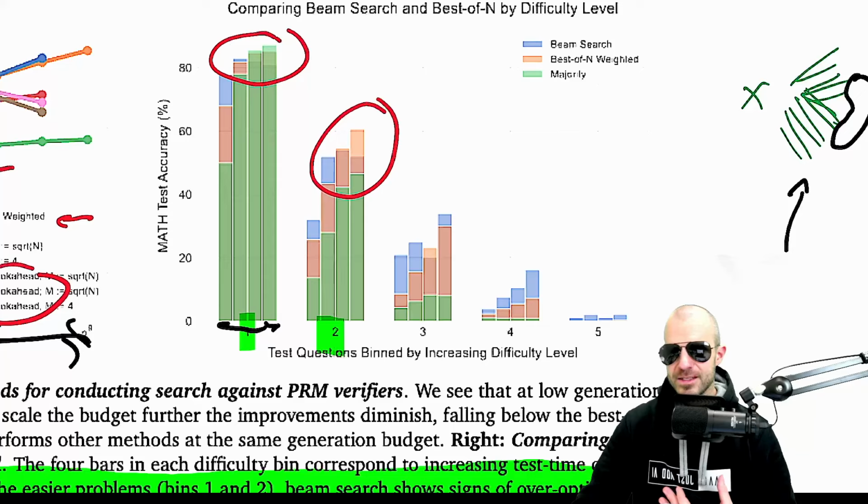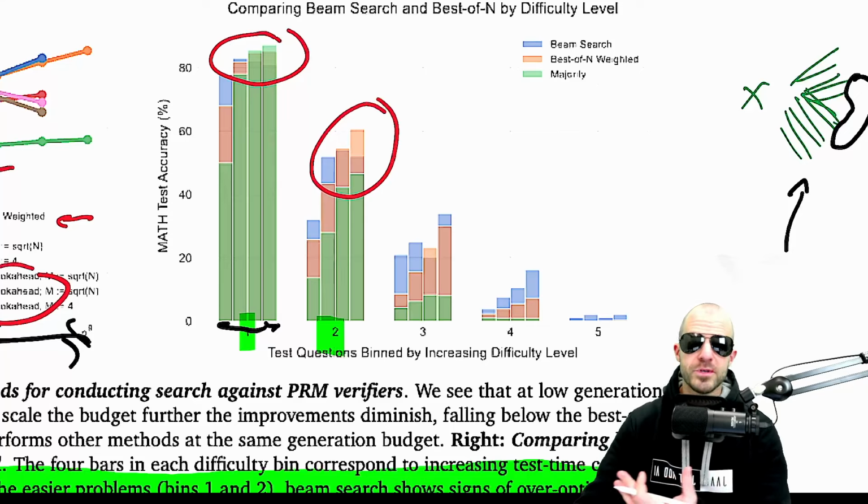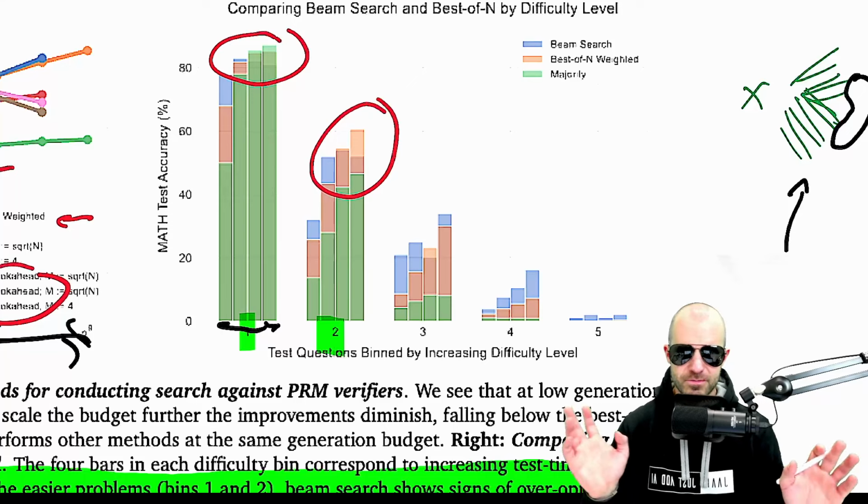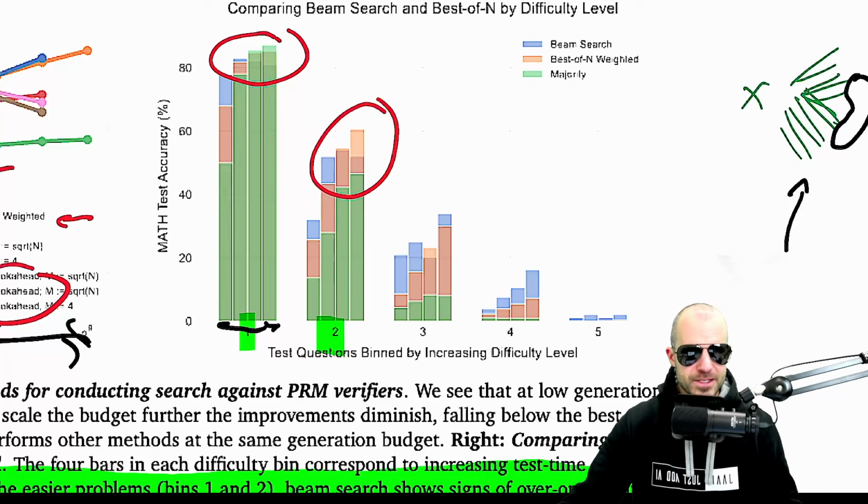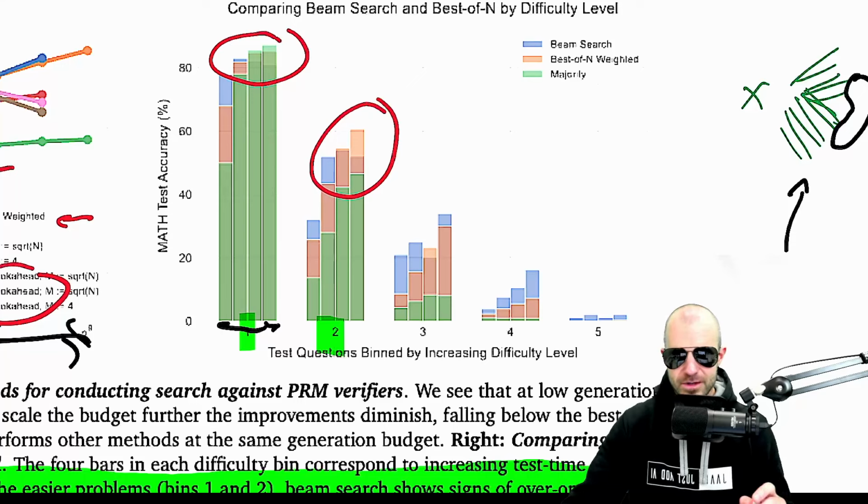The process is eventually just going to find properties of the reward model, exploits, that have essentially nothing to do with the real problems. It's just a property of exploiting the reward model. So they say that might be happening here. However, as you increase the difficulty level, that no longer happens as much, and you can see finally beam search outperforming the best of n weighted.